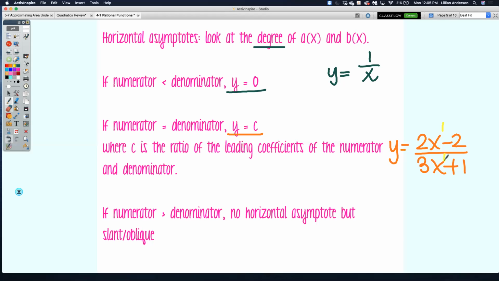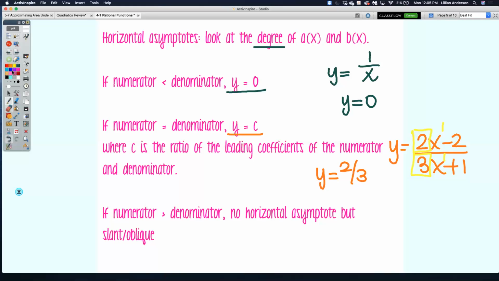Since they're equal, the horizontal asymptote is going to be the ratio of the leading coefficients of the numerator and denominator, which would be 2 and 3. So in this case, your horizontal asymptote will be y equals 2/3. Just like how this one would be y equals 0, the one in the orange would be y equals 2/3.